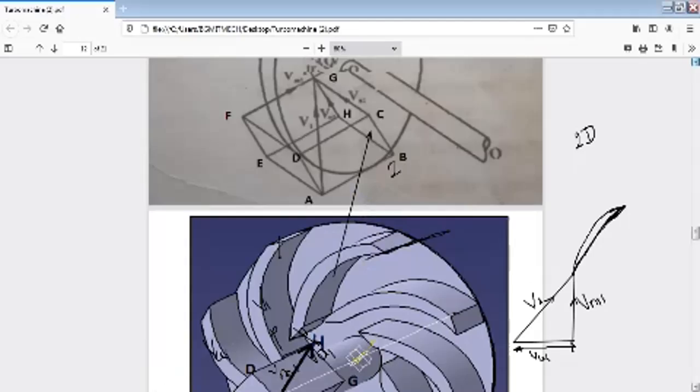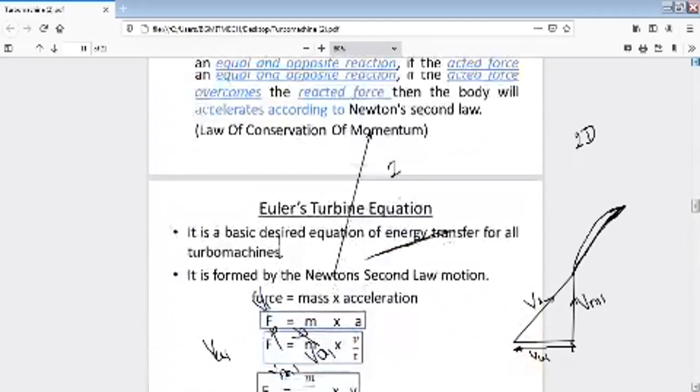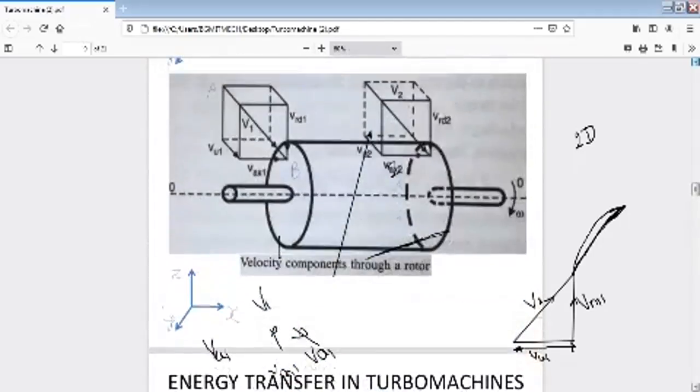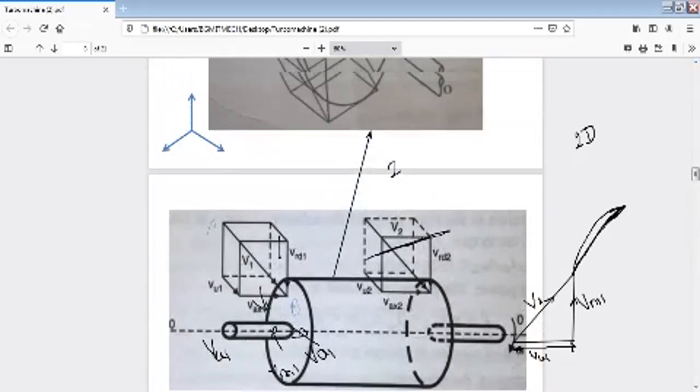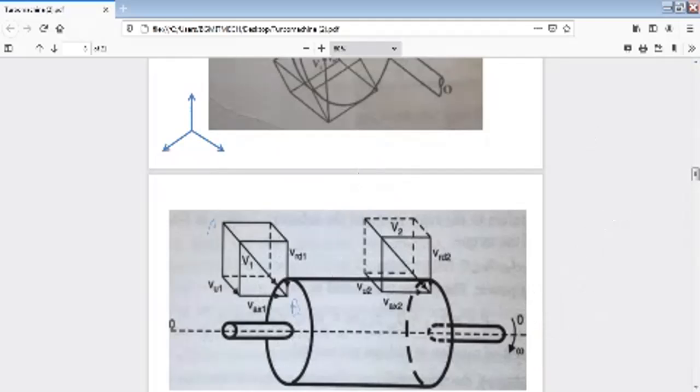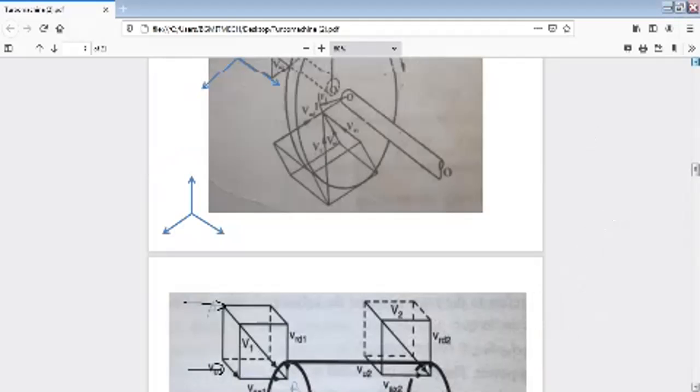And if it is an axial flow machine, the fluid is flowing in the axial direction like this. For this case, the fluid is flowing in the radial direction.